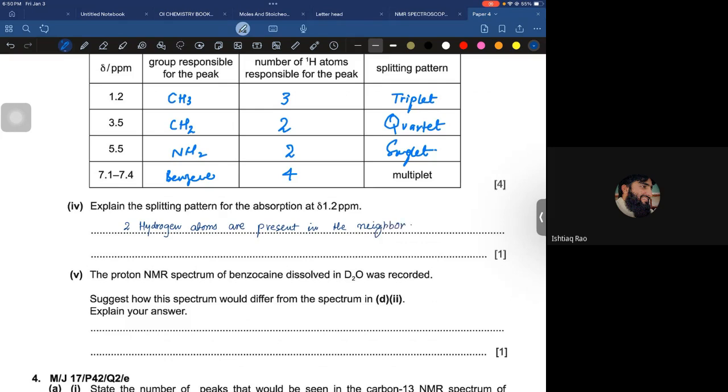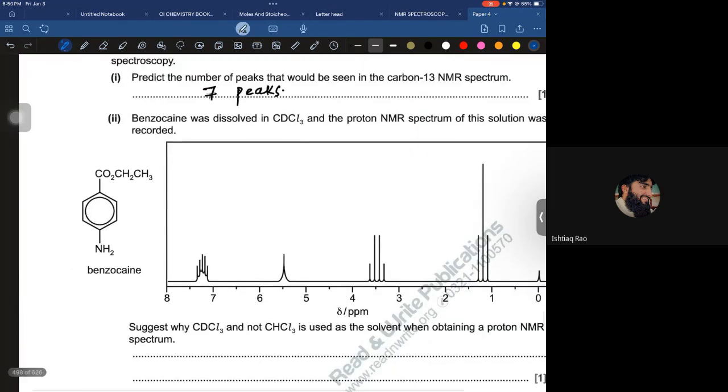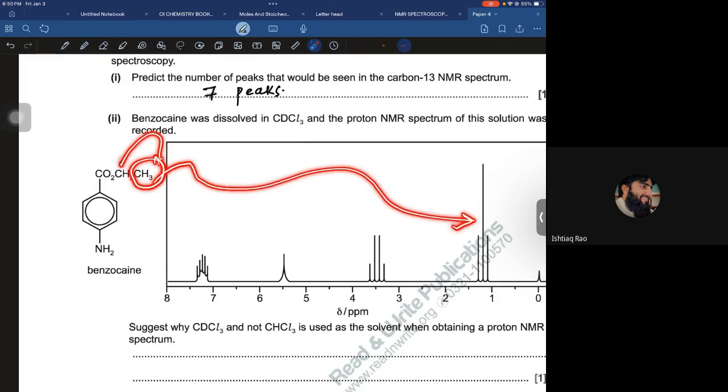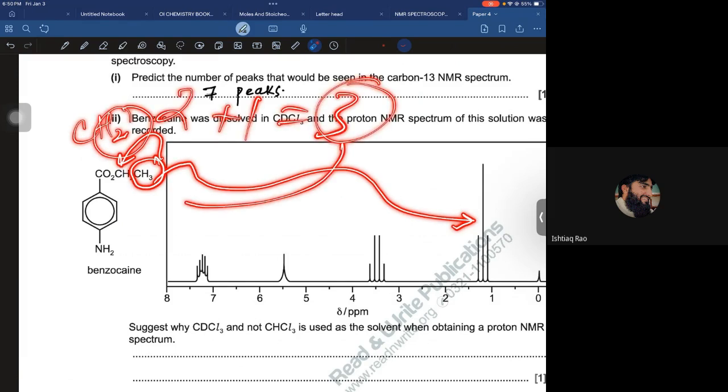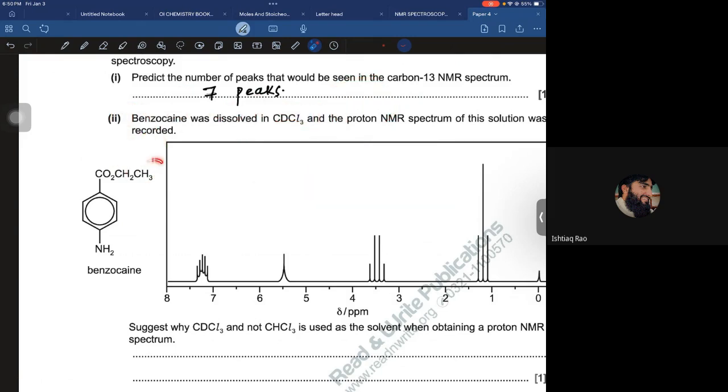Due to the 2 hydrogen atoms present in the neighbor, as you can see, it would give you this triplet. Why? Because next to it there is a CH2. How many hydrogens are in CH2? 2. So 2 + 1 = 3. So this triplet is of the CH3. And why is this CH3 triplet coming? Because of this. If I ask you, CH2 has 3 hydrogens in its neighborhood, so 3 + 1 is 4. So 4 means a quartet. So the quartet of this CH2 will come because of this CH3.